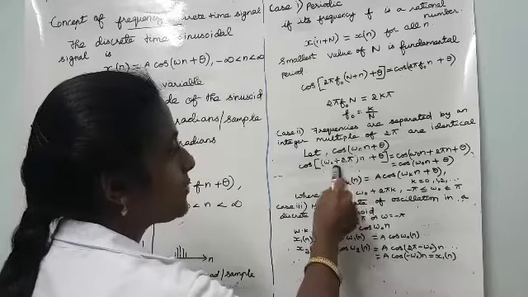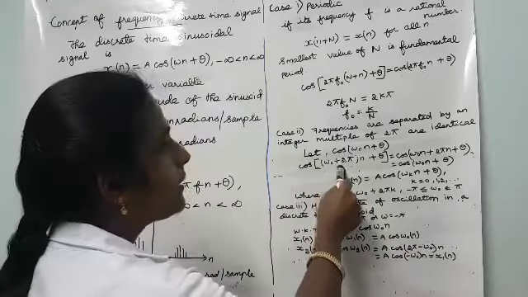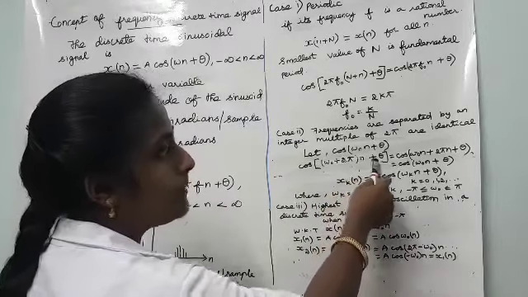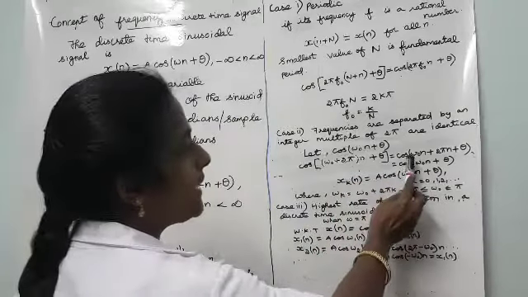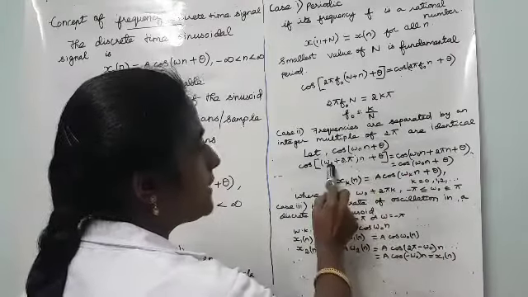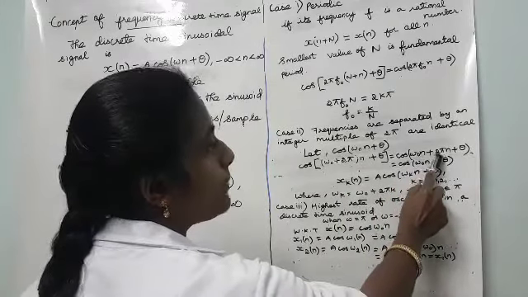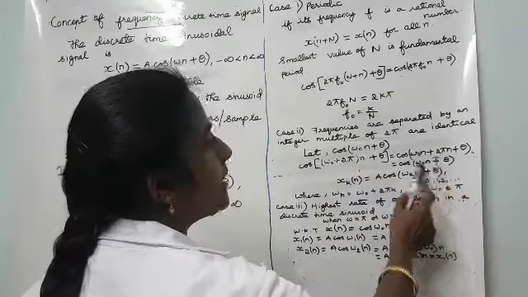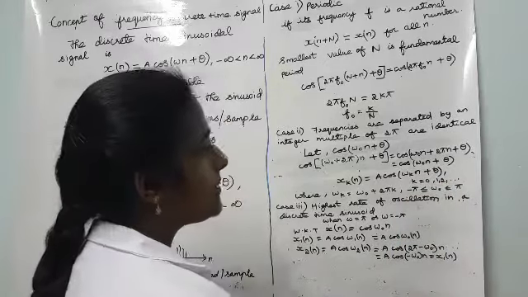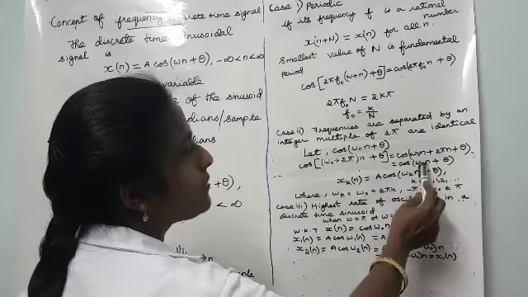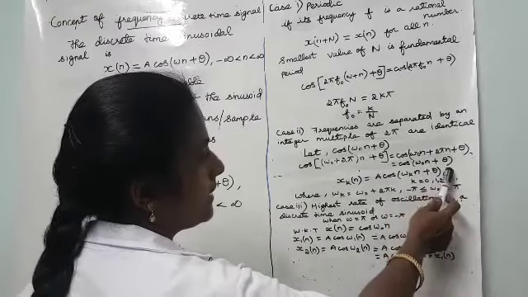So cos((omega naught plus 2 pi) n plus theta). Multiplying n inside, we get cos(omega naught n plus 2 pi n plus theta). Here cos of 2 pi n is 1, so we get cos(omega naught n plus theta).